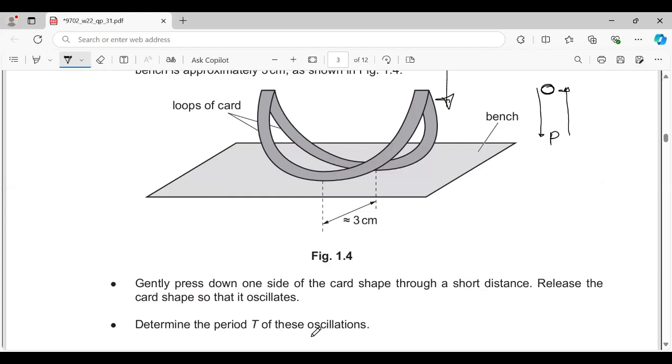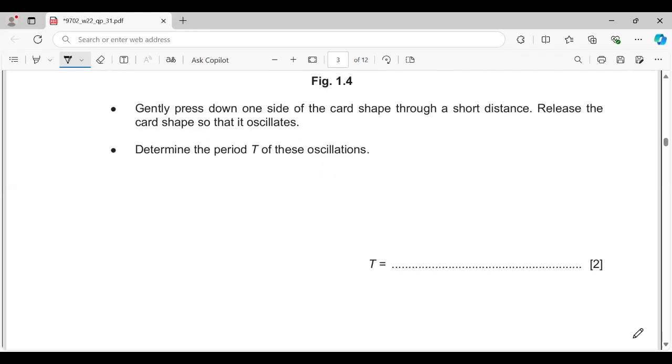Determine the period of these oscillations. I have tried the experiment 2 times, gently pressing downwards.